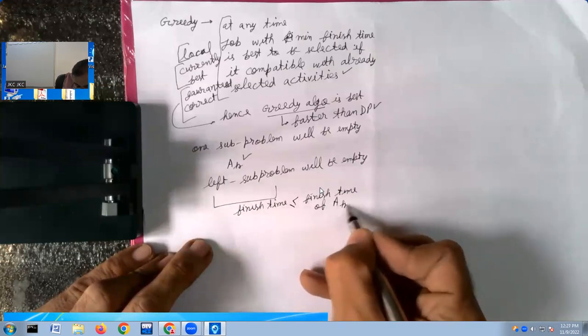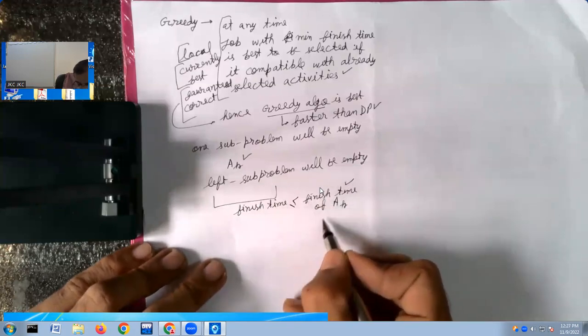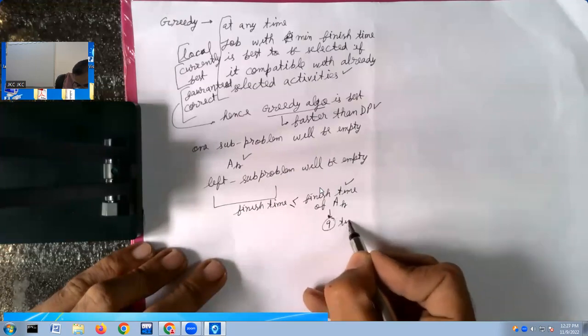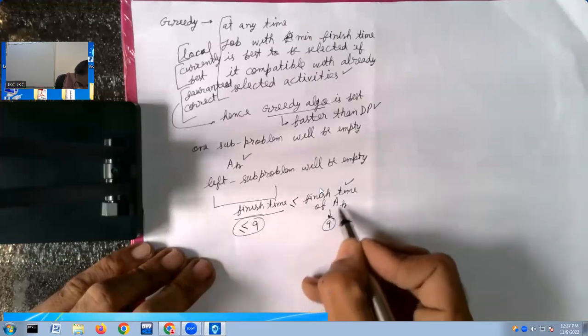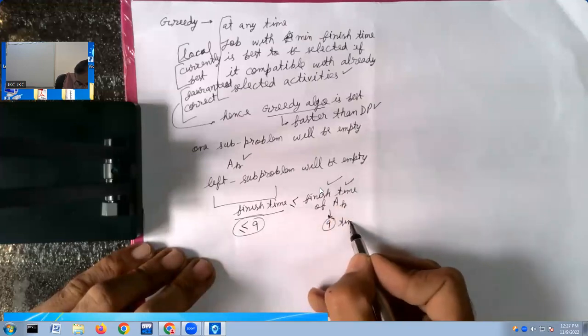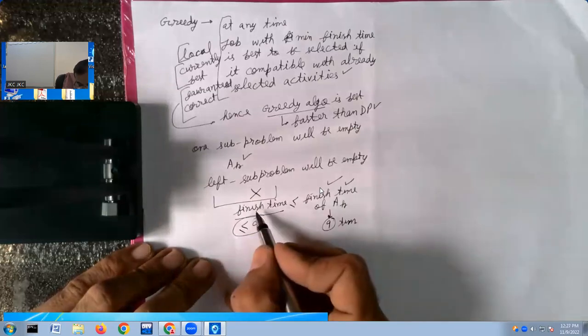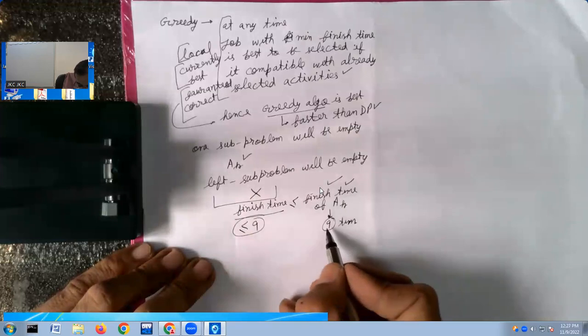Once I selected the current job that will finish at this time, say it finishes at 9, all these jobs are finishing less than or equal to 9. If this job is being executed or selected, these jobs are not to be selected because they would also require their start time as well as finish time to be before 9.